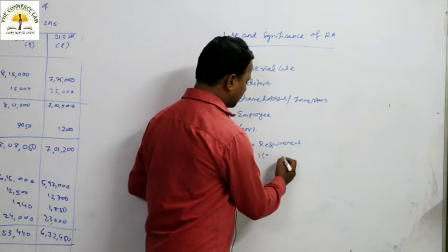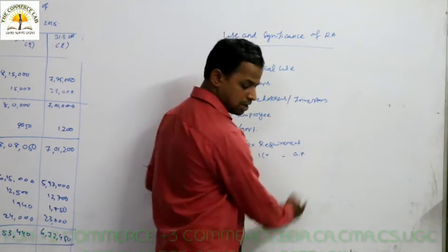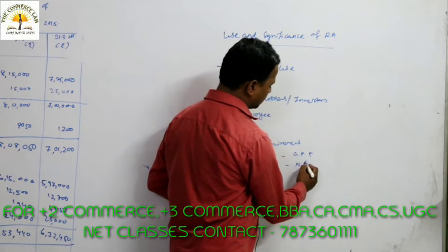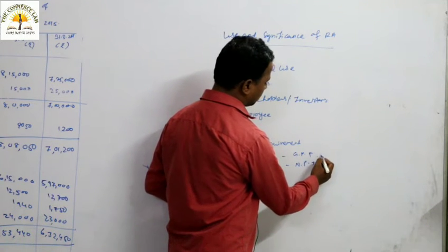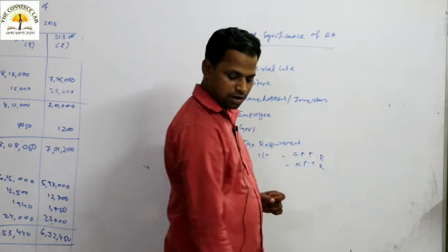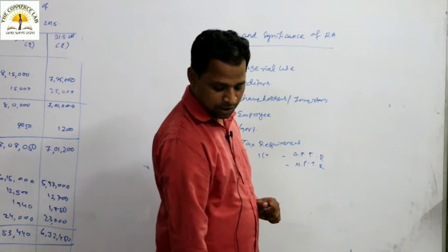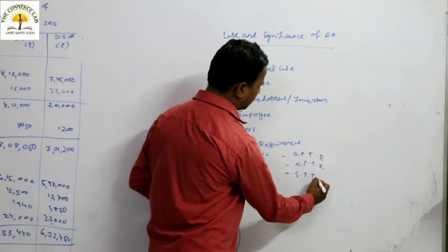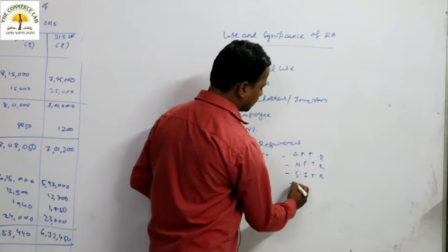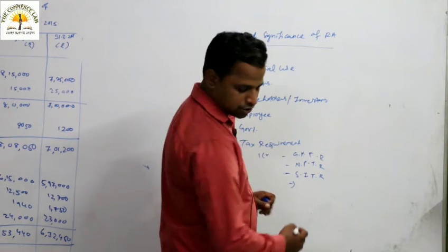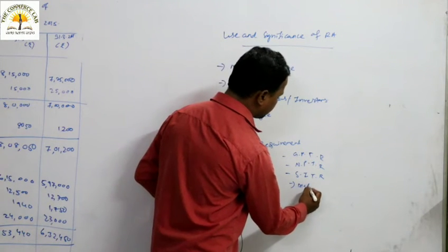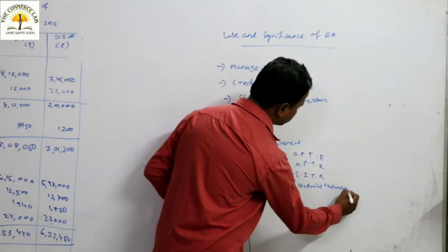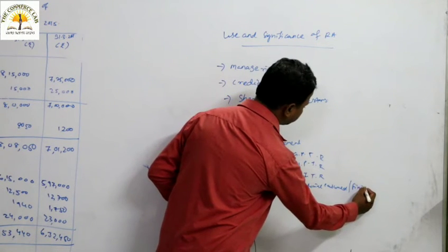The ratios will be like gross profit turnover ratio, net profit turnover ratio, then stock in trade turnover ratio. Thereafter, material consumed to finished goods ratio. So these are all ratios.